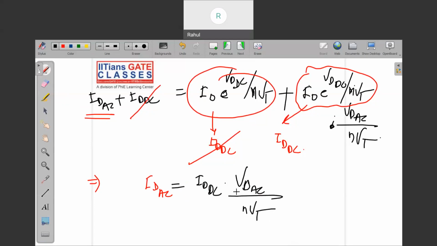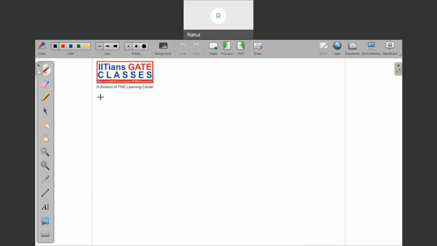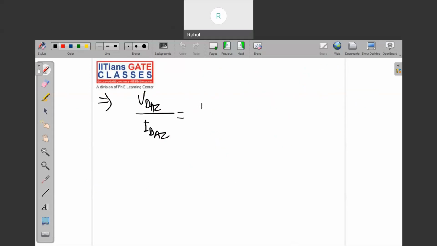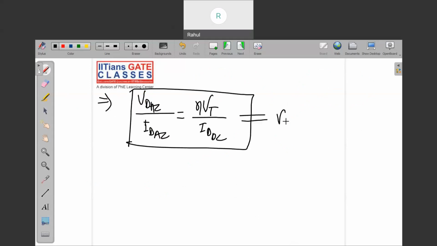Now you can take the ratio of VDAC upon IDAC, so what will happen is that we get ηVT by IDDC. This is the resistance rAC.